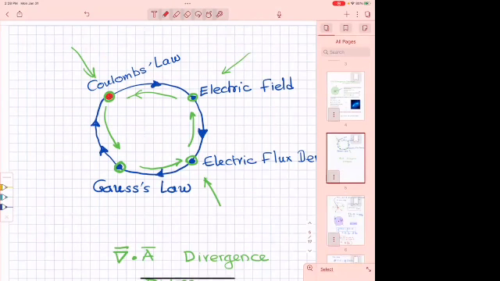After you introduce electric flux density, you can prove Gauss's law using the divergence theorem. Or you can start with Gauss's law, and then you can go the other way and you can prove Coulomb's law. All right. Now, practically we have two major laws we are using to find the total fields from various sources.